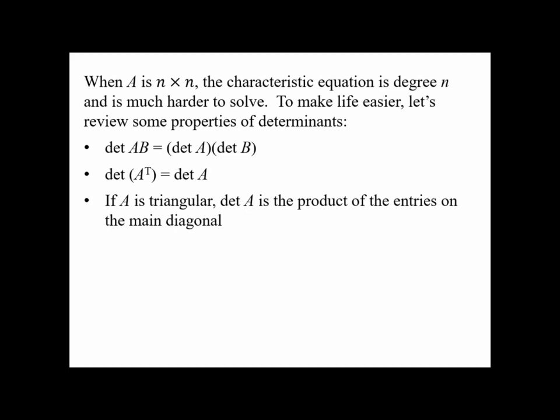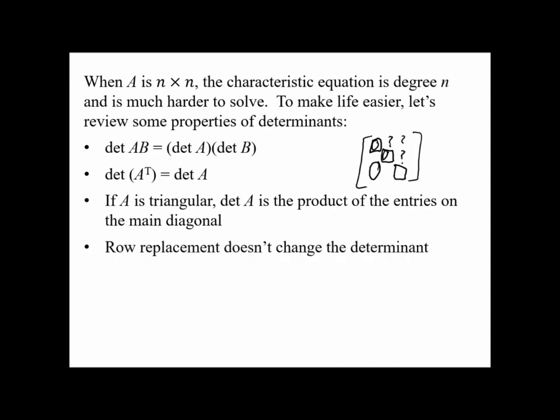Triangular means there are entries on the main diagonal, and either zeros above and other things below, or vice versa. I'll just put boxes in the main diagonal. The product of those boxes is your determinant.